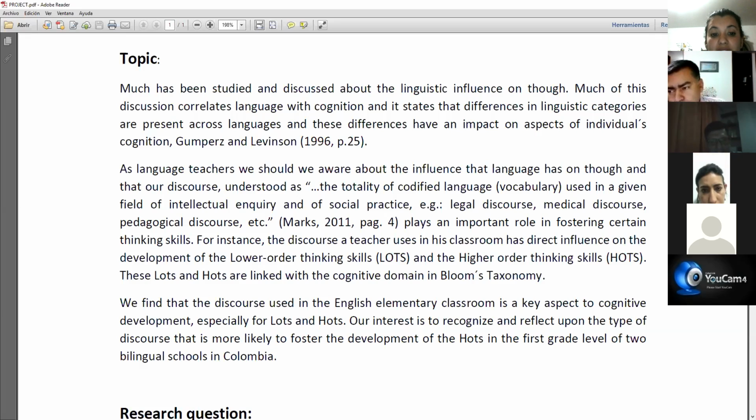In there, you can find literature related to your project that belongs to our Colombian context, right?